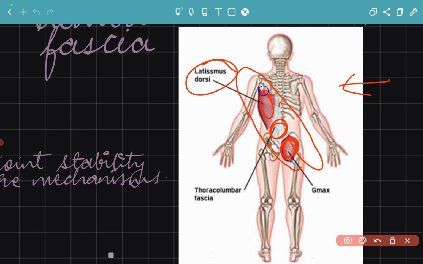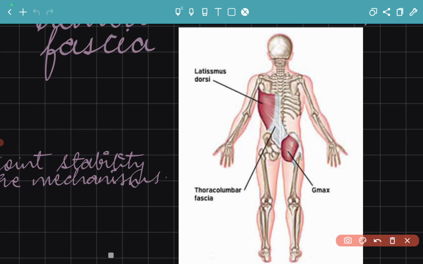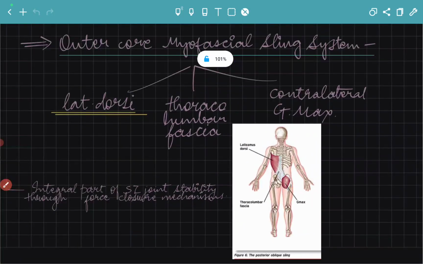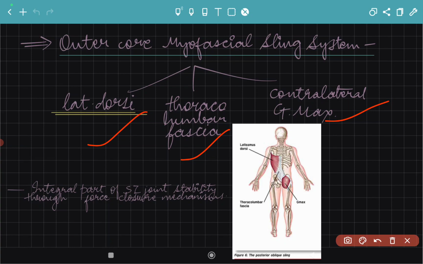So latissimus dorsi is part of this posterior oblique sling or the outer core myofascial sling system. So these three form the outer core myofascial sling system. They become an integral part of sacroiliac joint stability through force closure mechanisms.